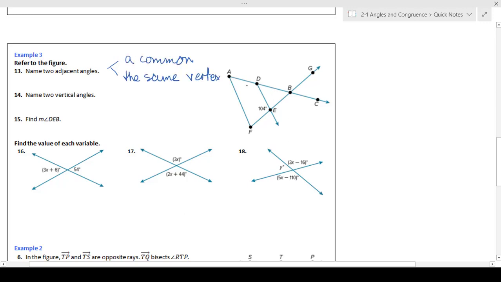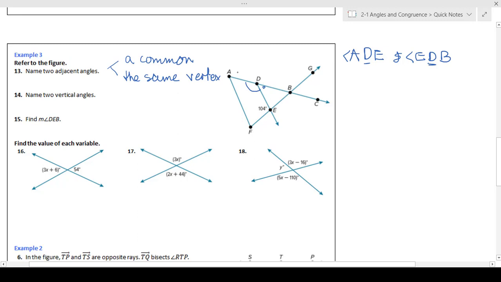We can begin with angle AGE, which is this angle, with G in the middle as the vertex, and EGB. They both have the vertex in the middle, a common vertex here, and they have the common side, which is DE.